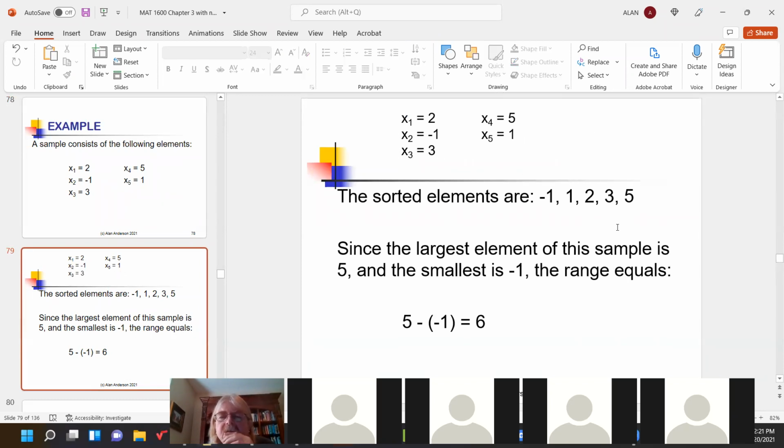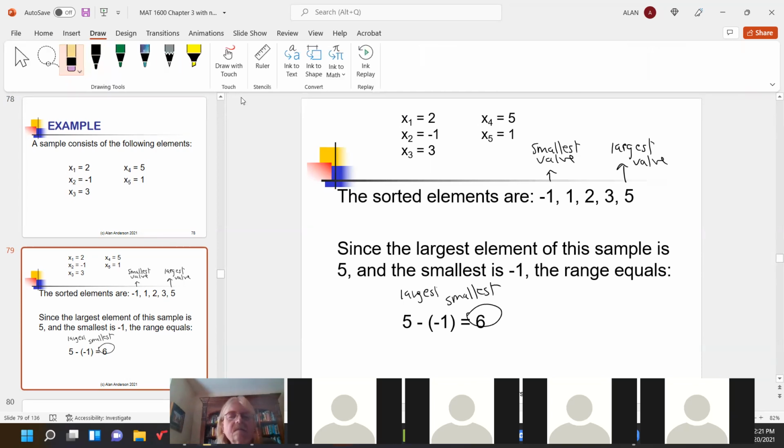All right, so we sort them out: -1, 1, 2, 3, 5. So literally, all you have to do is take the largest, the maximum, and the smallest, and subtract them. So the range is 6. That's it. That's all there is to it.